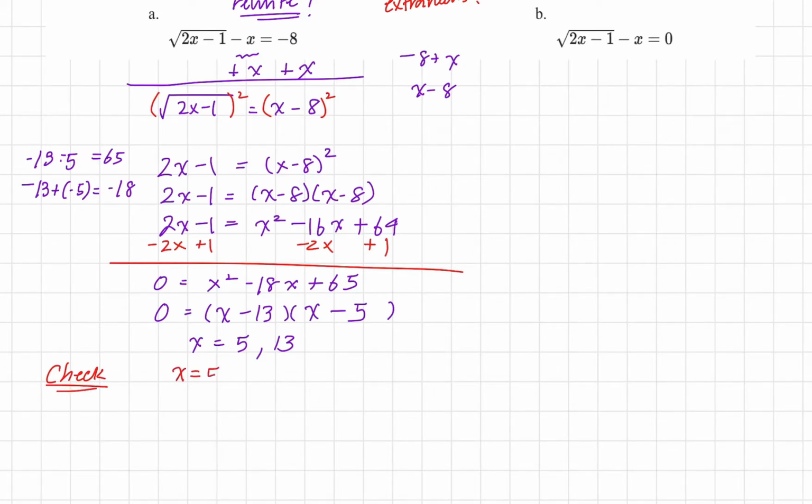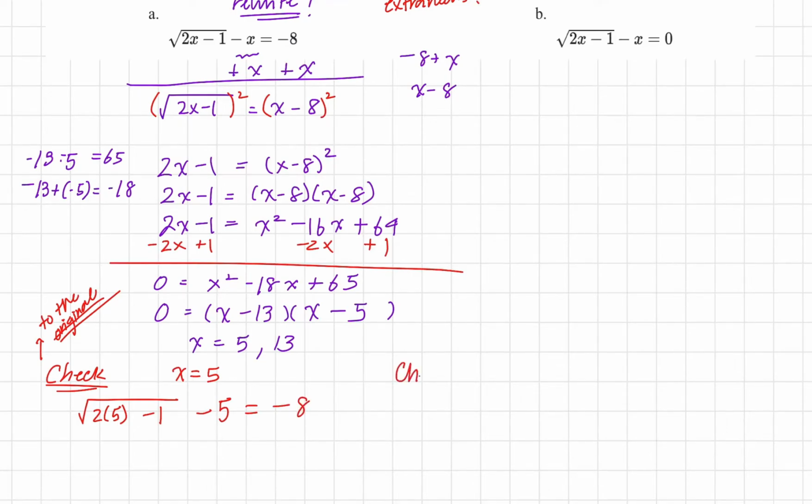So we got check x equals 5 first. So let's put this in. Check it into the original equation. So the original equation, we got square root of 2 times 5, because 2x, minus 1, minus x, which is 5, and see if that's equal to negative 8.